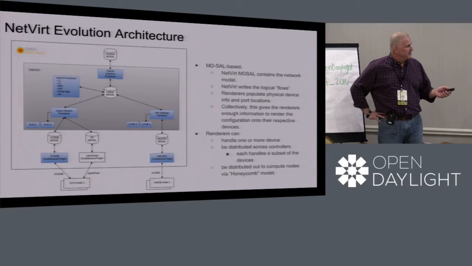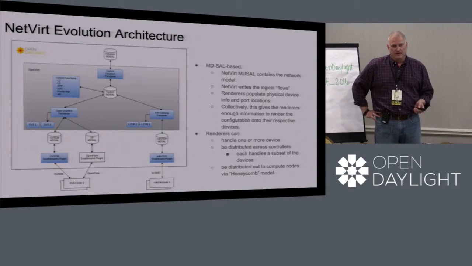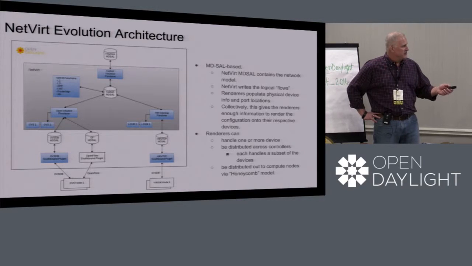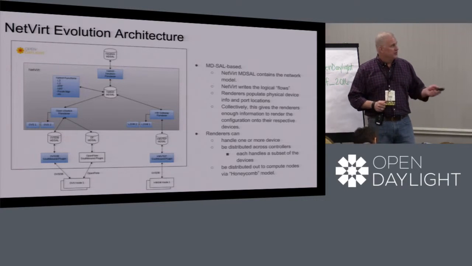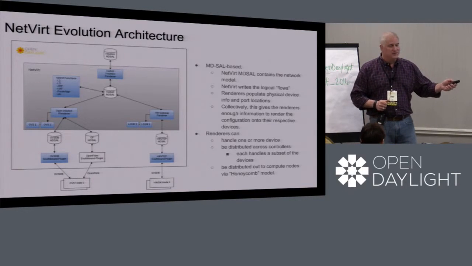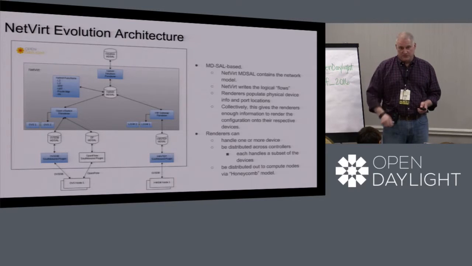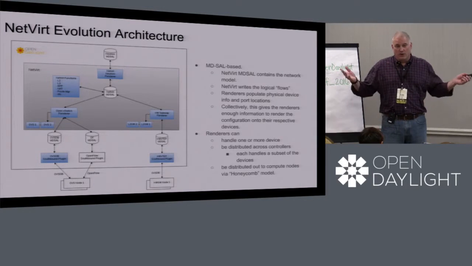each renderer is also responsible for writing information into that model, because the OVS might know information. For example, a new port was just added to an OVS switch, and we were told about the logical port information from Neutron, but we don't know where it is yet.